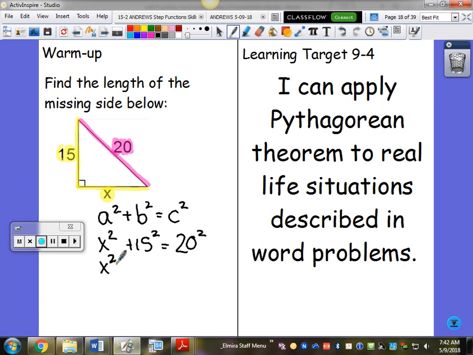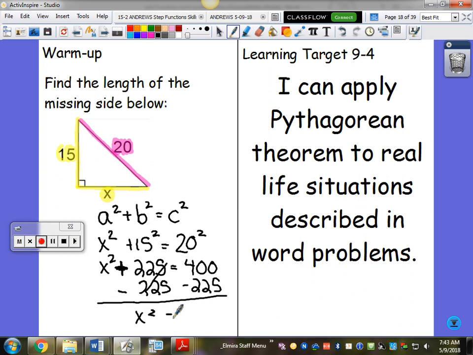So x squared plus, not equals, sorry. 15 squared is 225, and 20 squared, 20 times 20, is 400. Subtracting 225 both sides. 400 minus 225 is 175.